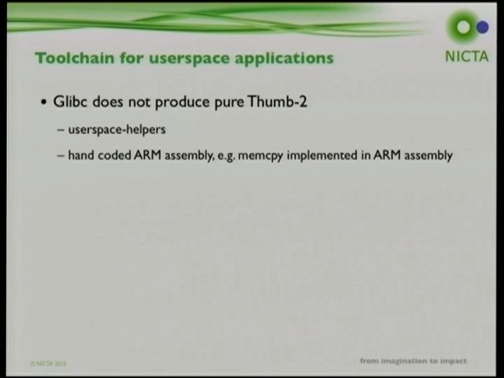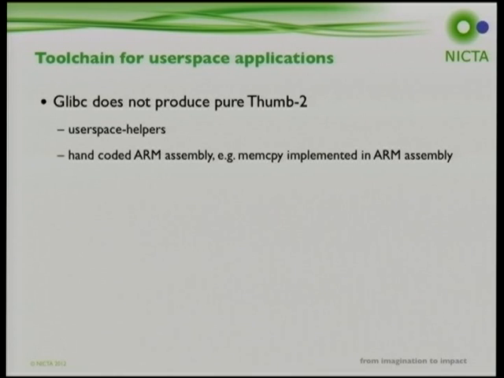Another problem we had was with the tool chains. At this point we had Linux running on the M3. This is the first version of standard Linux running on the Cortex M3, so we had problems getting existing tool chains to build user space applications. First of all, glibc wouldn't compile to pure Thumb2.